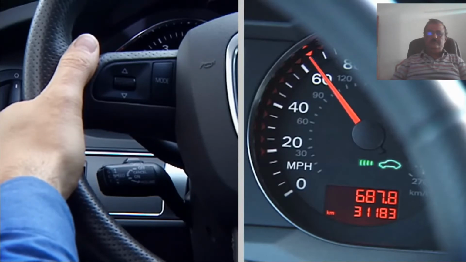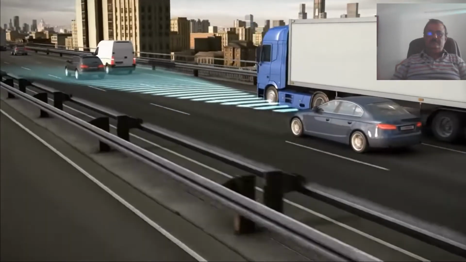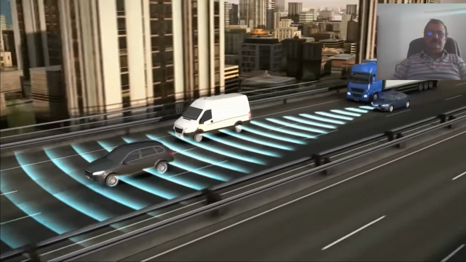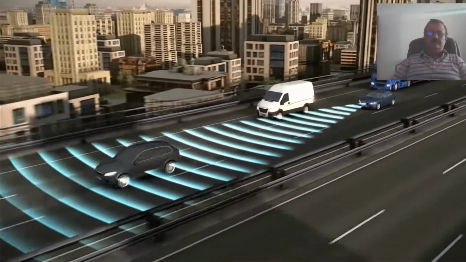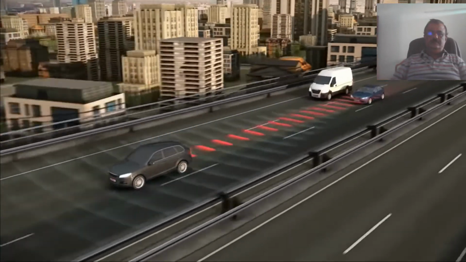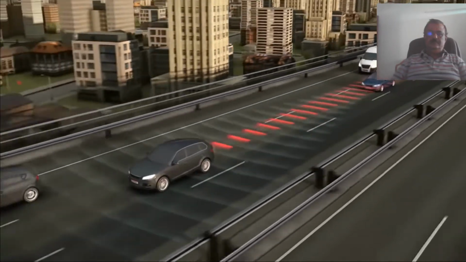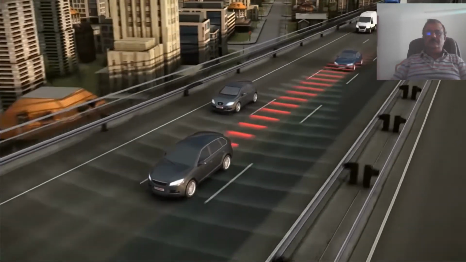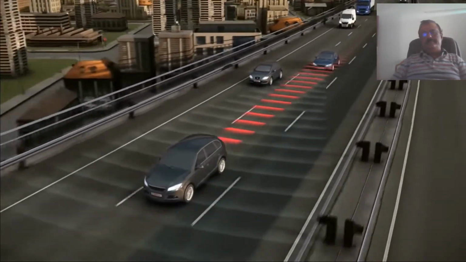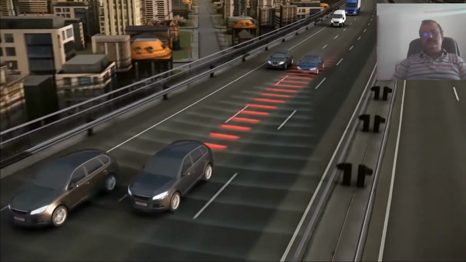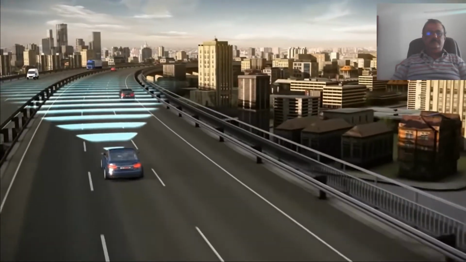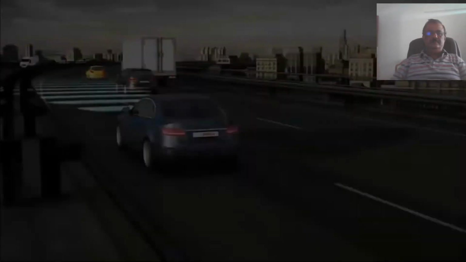ACC is now active. A long-range radar sensor monitors the driving situation ahead of the vehicle. The sensor transmits radar waves that are reflected by objects in front of the vehicle. Based on this data, ACC can detect preceding vehicles and can calculate the distance, direction, and relative speed of the vehicle ahead. When the road ahead is clear, ACC maintains the set desired speed.